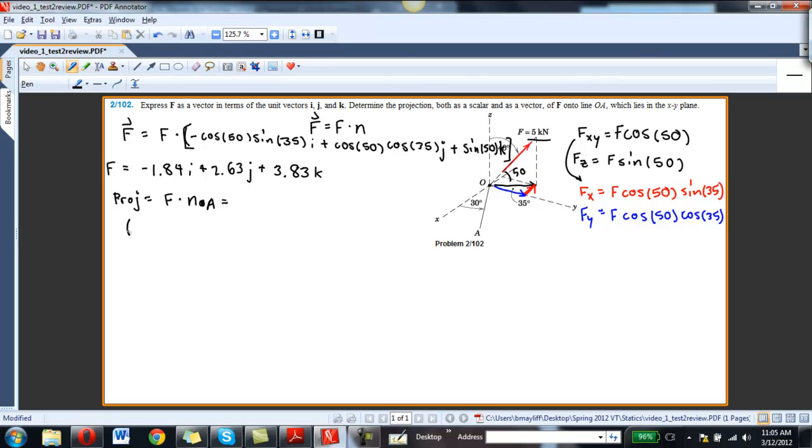So we'll have negative 1.84 i plus 2.63 j plus 3.83 k, and that is the F vector, and that's going to be dot. Now for this, all we have to do is we just say that A is going to be in the xy plane, which means there's 0 k. So for the x it is going to be cosine 30, and for the y it's going to be sine 30.